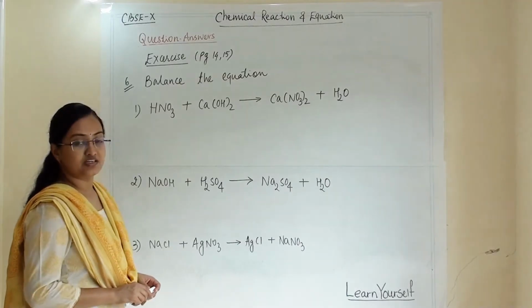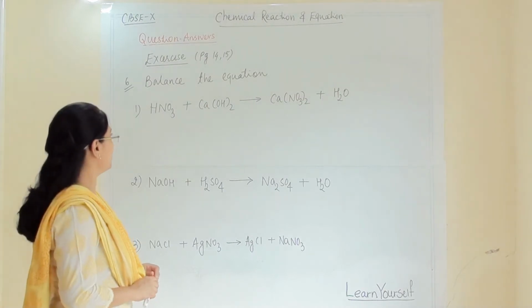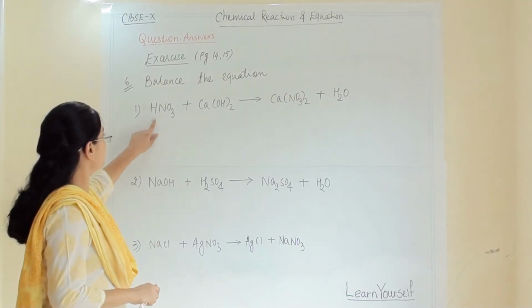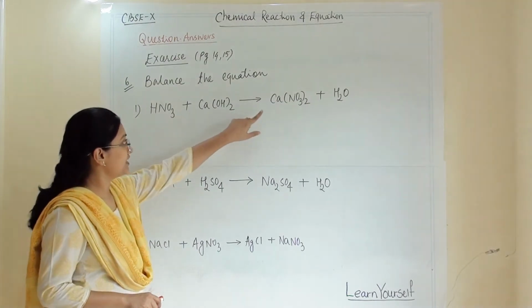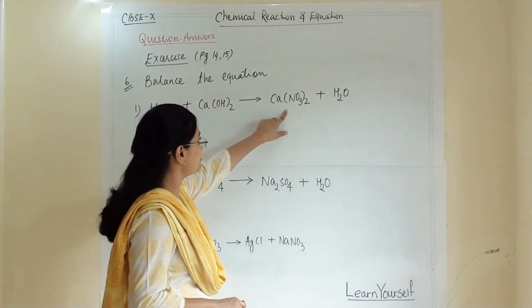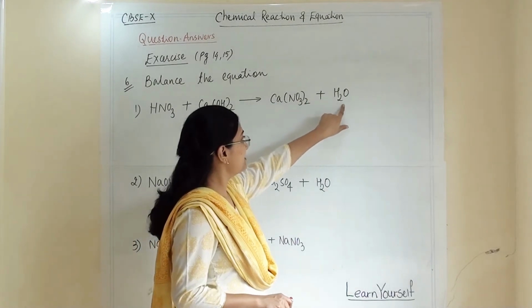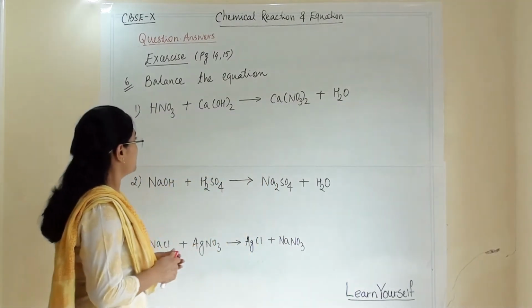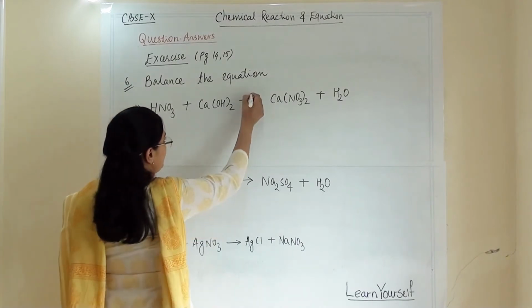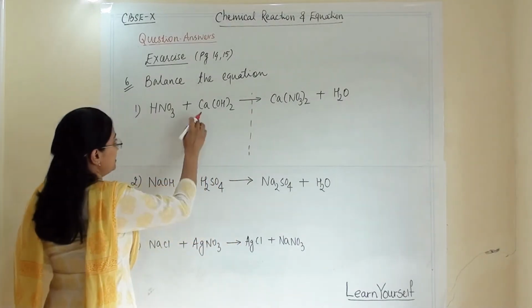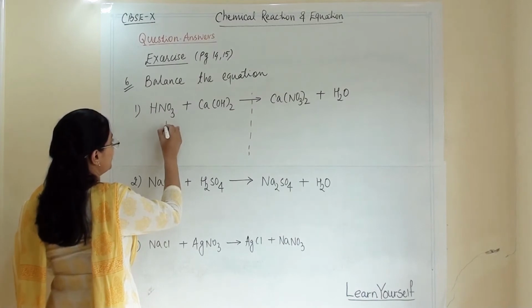Sixth question is balance the chemical equation. First one is HNO3, calcium hydroxide, calcium nitrate and water. So in this, what we have to do first is note down our total reactants.